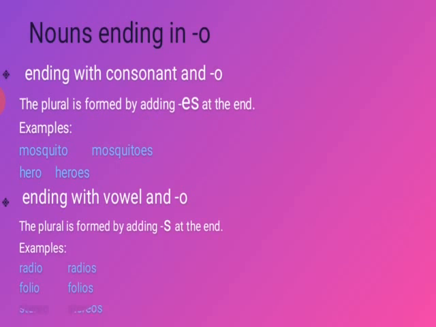And the last example is E and O. The last two letters are a vowel and O, so again we have added s at the end. So if a noun is ending with a consonant and O, we add es at the end, and if the noun is ending on a vowel and O, then simply s is added at its end.